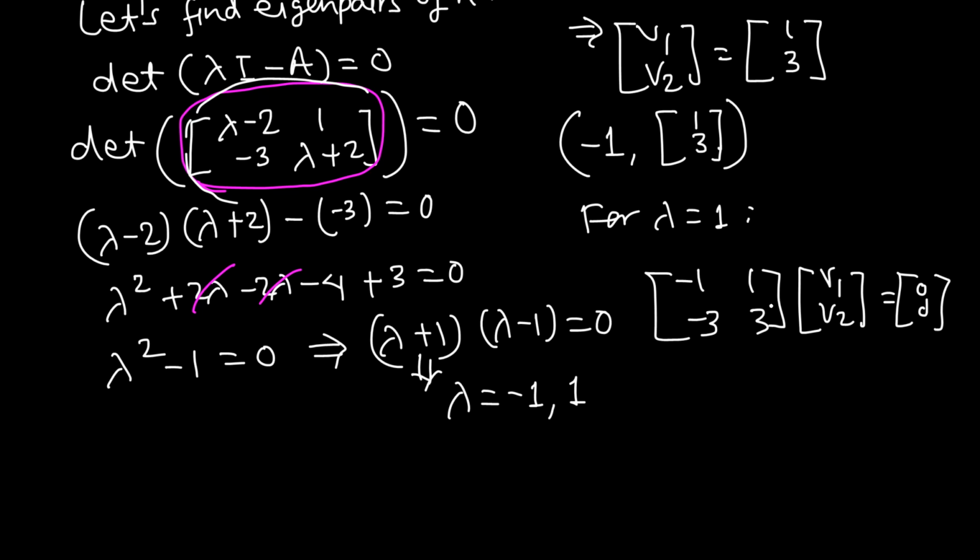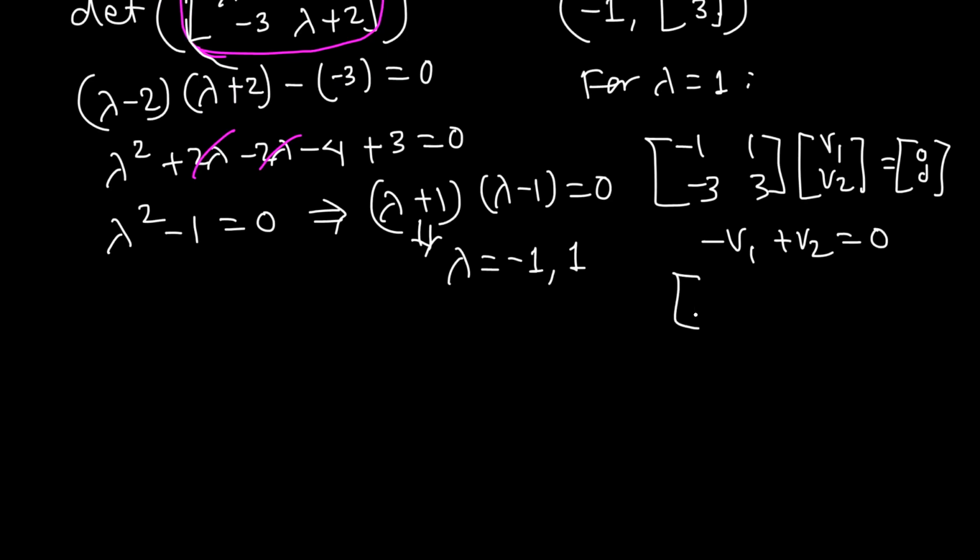If we multiply, negative 1 times v1, negative v1 plus v2 equals 0. Now let's take v1 as 1, that means negative 1, move over, add 1 to both sides, v2 equals 1. Negative 1 plus 1 is 0. So 1, 1 is the corresponding eigenvector for eigenvalue 1.